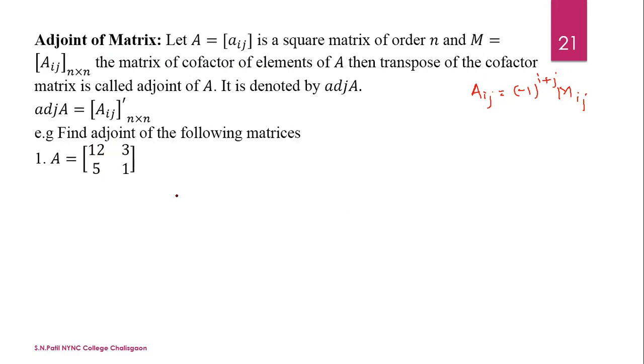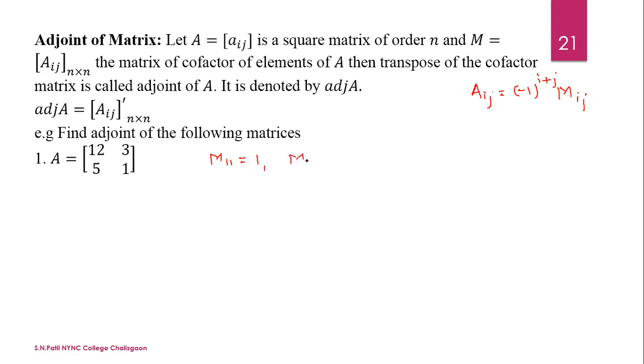Let us take the example. We find the adjoint of a 2 by 2 order matrix. So first of all, we calculate the minor of this matrix. See, the minor of the first element we denote as M11, that is deleting row and column, that is 1.